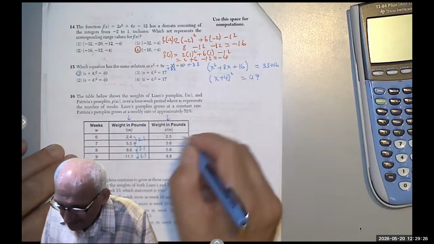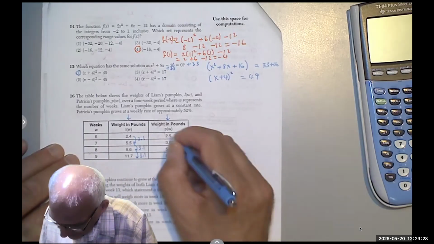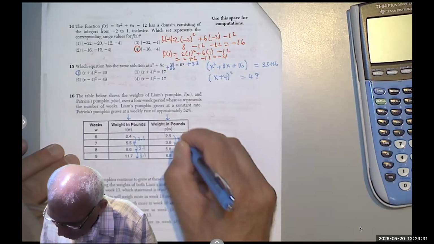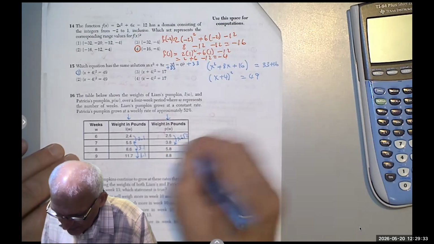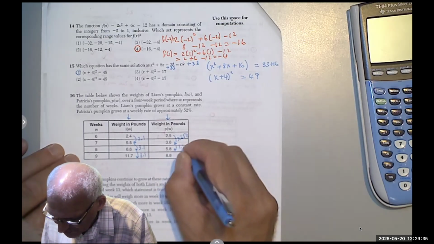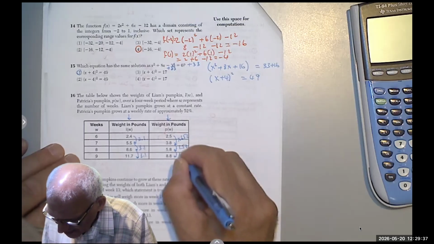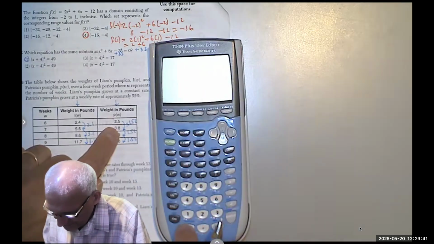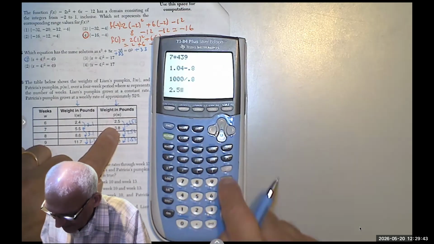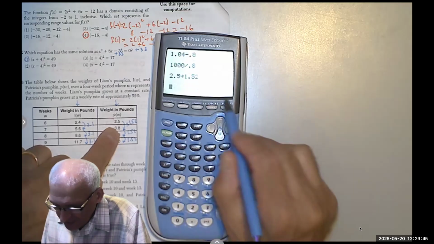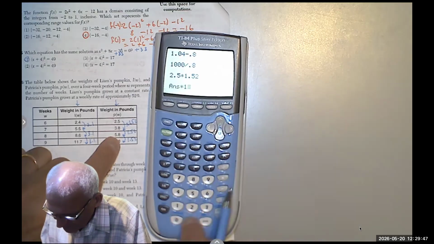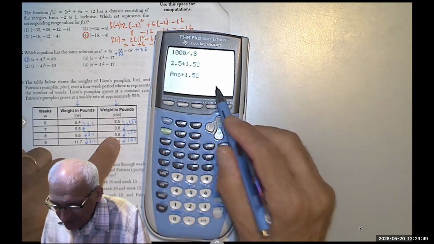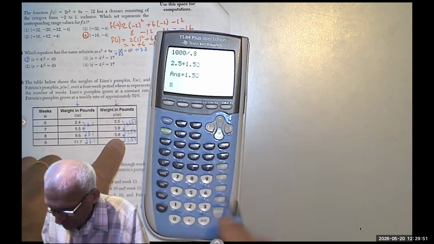This one increases by 52%. So you multiply that by 1.52, right? Increases 52%, 1.52. And probably they are just rounding. So to check, you can say 2.5 times 1.52, and you get 3.8. 3.8 times 1.52, you get 5.776, which rounds to 5.8.